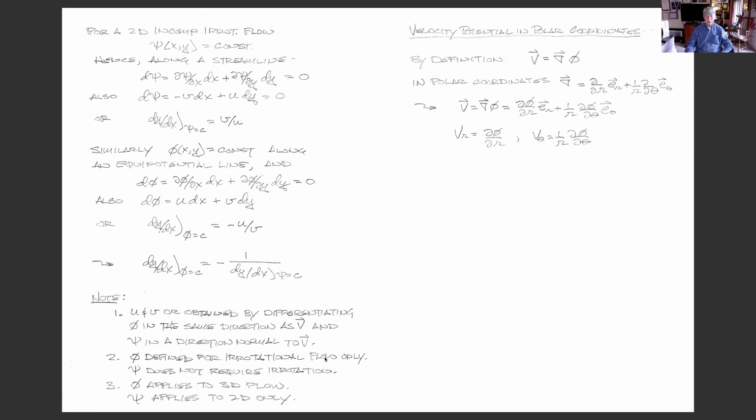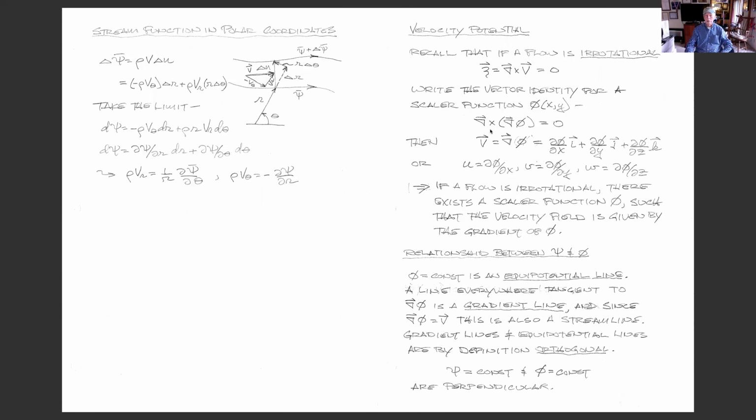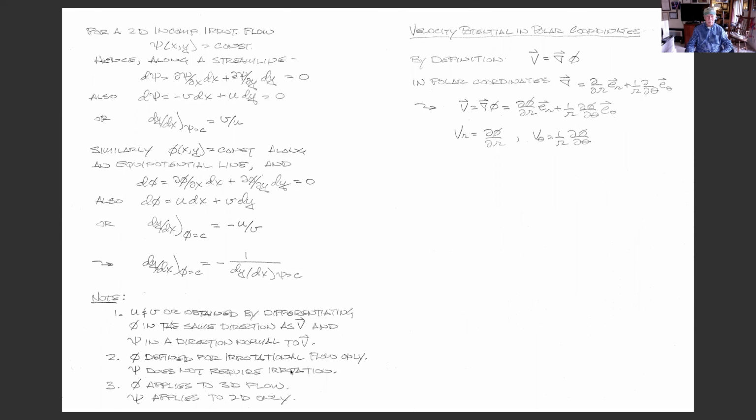Otherwise this requirement isn't met. You've got to have irrotational flow to have a velocity potential. At the same time, the velocity potential applies to 3D flow also. Psi is only two-dimensional flow. So at this point, for a two-dimensional, irrotational, incompressible flow, we've got this pair, psi and phi.